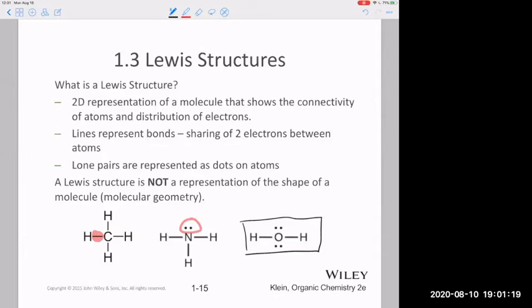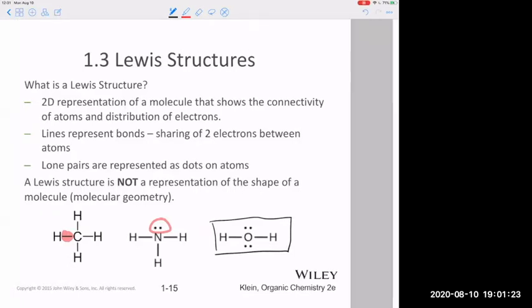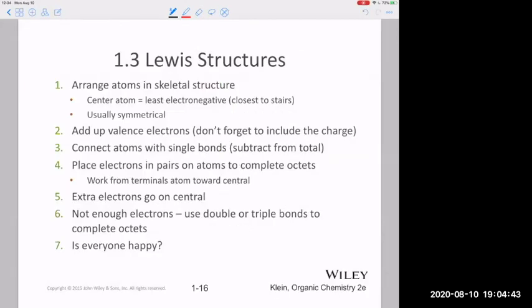The first thing we have to do, though, before we can talk about molecular geometry, is figure out how to build these Lewis structures. So here are the rules for drawing Lewis structures, starting with a molecular formula. The steps are: you arrange the atoms, add up the total number of valence electrons, connect those with single bonds, complete the octet of all the constituent atoms, put any extra electrons in the middle, and then check if everybody's happy.